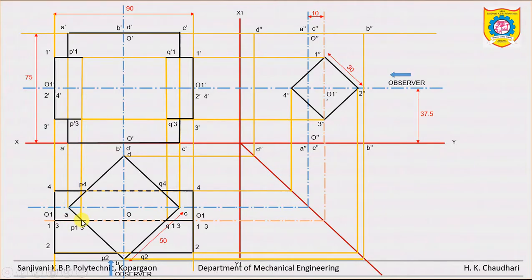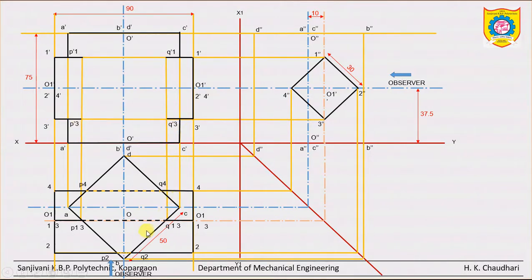Clear? Thick means we can easily observe it because it is in front of this AB surface. We can very easily observe that edge. So make it thick. So we have made this line up to point P dash 1 thick. Similarly from this side also up to Q1. So this part we made thick.